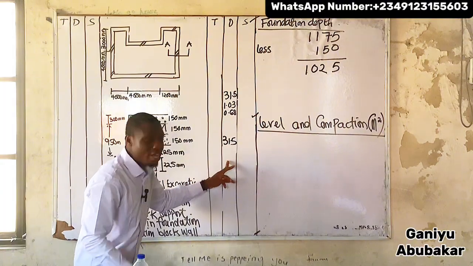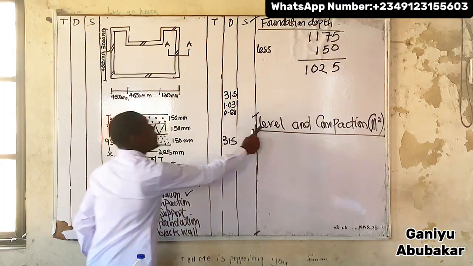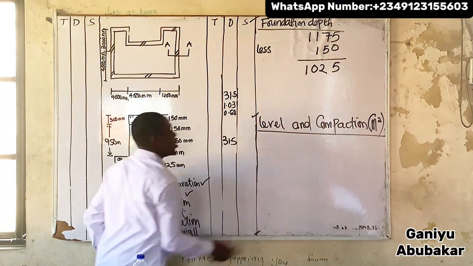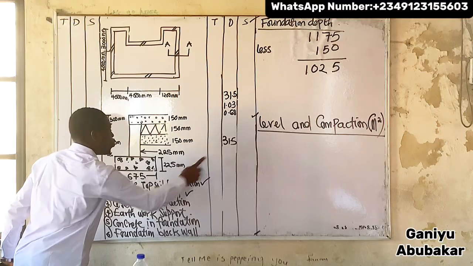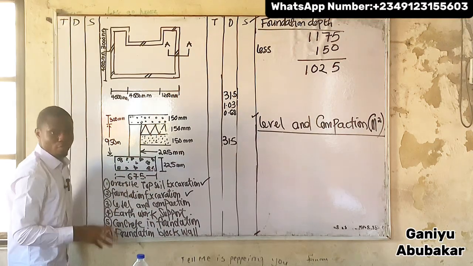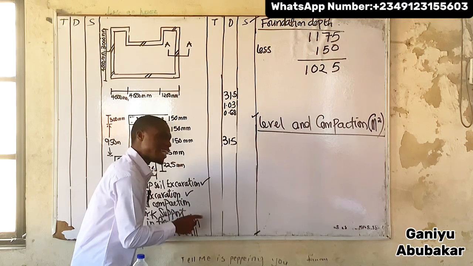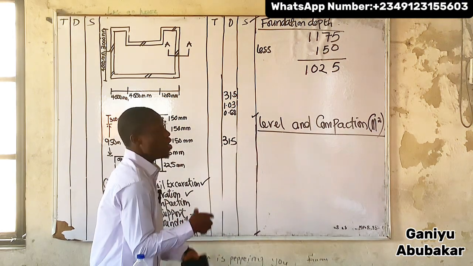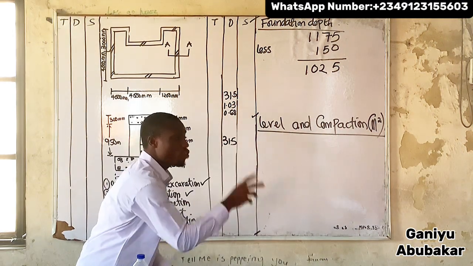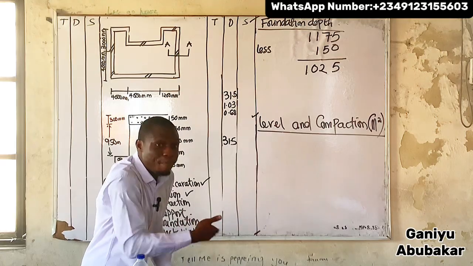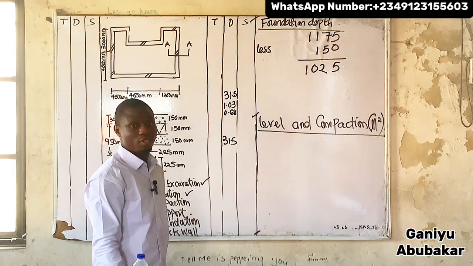Always bring it out. Next up, for level and compaction, the next value you are bringing in is the base of the foundation. So literally for level of compaction, the formula is that I'm multiplying the foundation excavation by the base of the foundation.